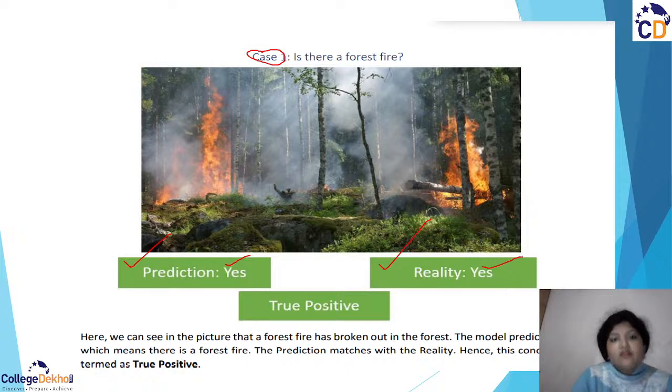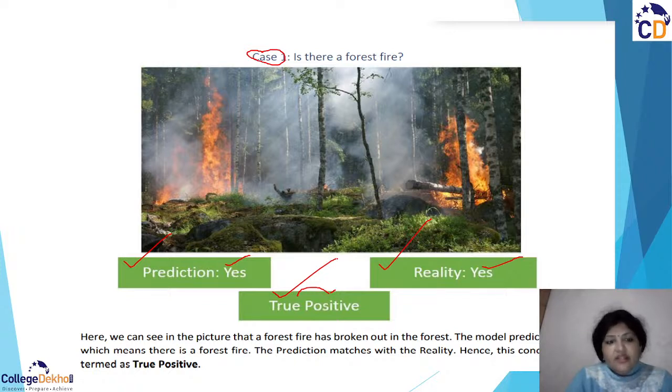When your prediction matches with the reality, you get the result that is true.